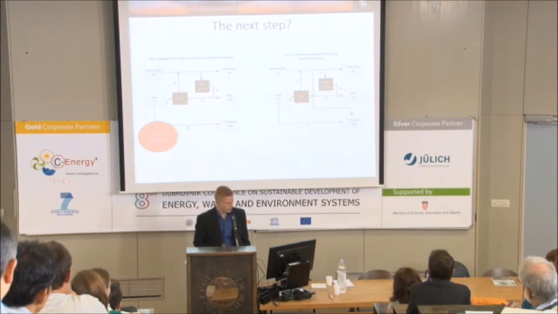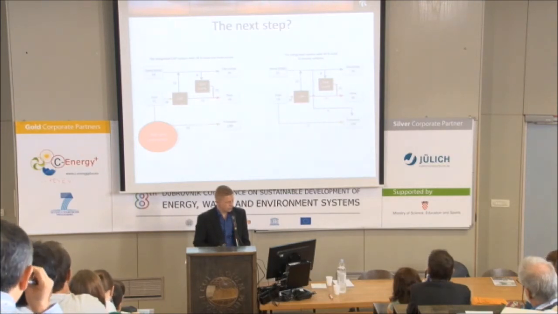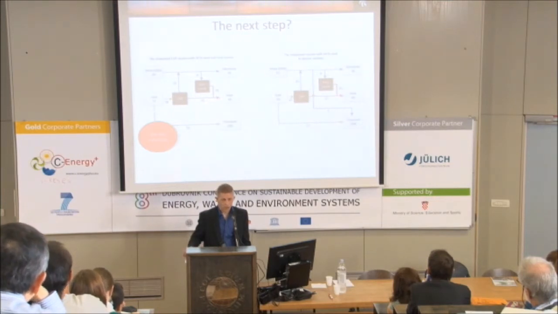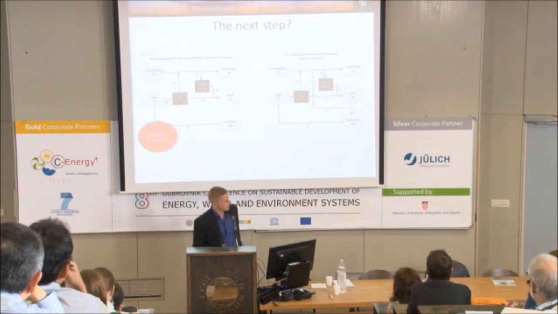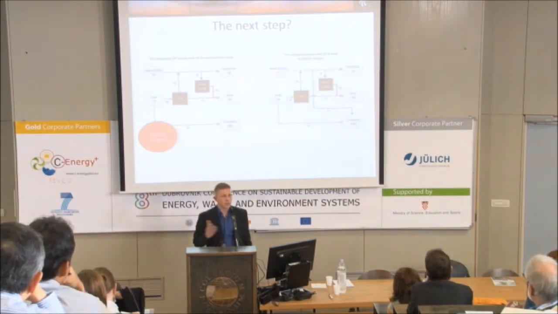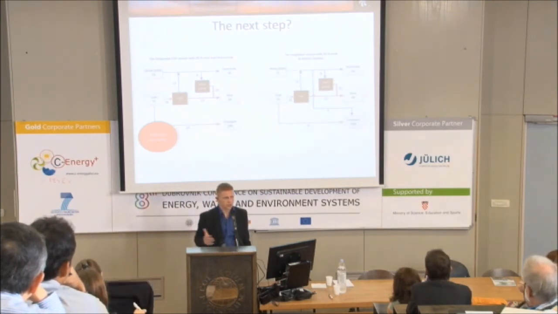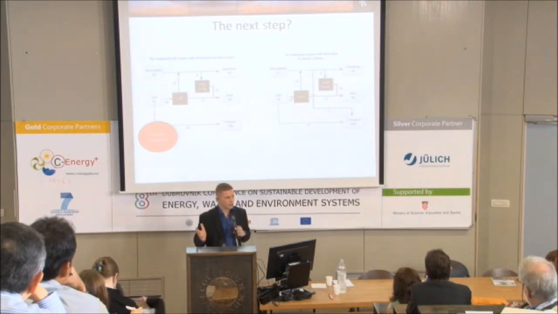Of course, this is a very ideal situation. But what then happens if we change half of the transport demand to electricity? That's what we see over here. By doing that, we replace internal combustion engines, and we're able to have more wind in the system.